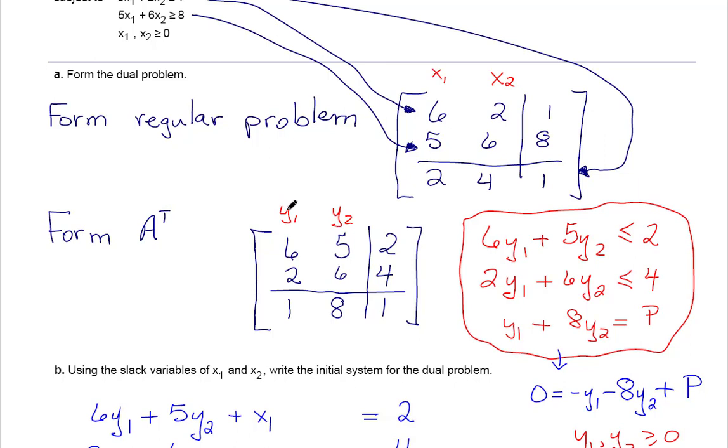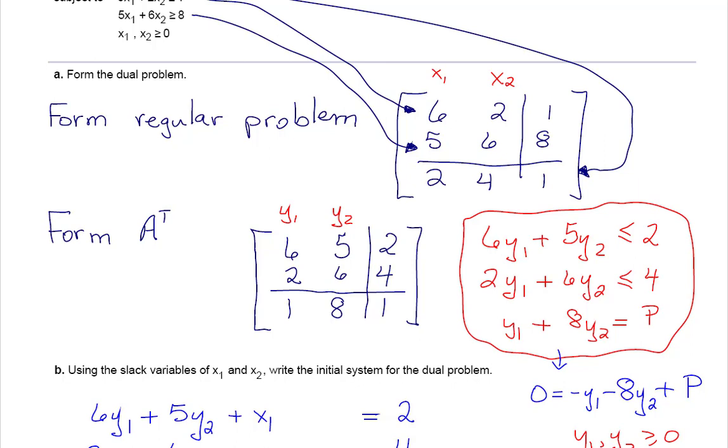So 6y1 plus 5y2 less than or equal to 2, and similarly for row 2. Now, the thing we want to maximize has variables y1, y2, and it is the letter P, just like in section 6.2. So that's where we're at.